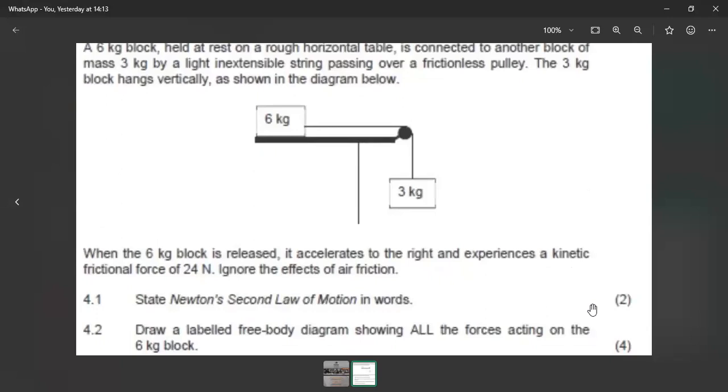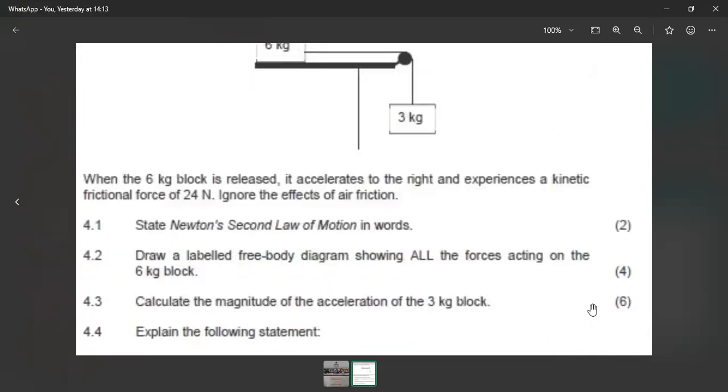It's because these 2 blocks are connected by a string, a rope, or a cable. So every time you have this situation, in order for you to calculate the tension and the acceleration, you must use simultaneous equations.